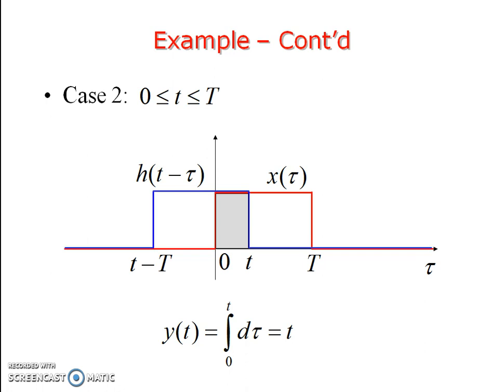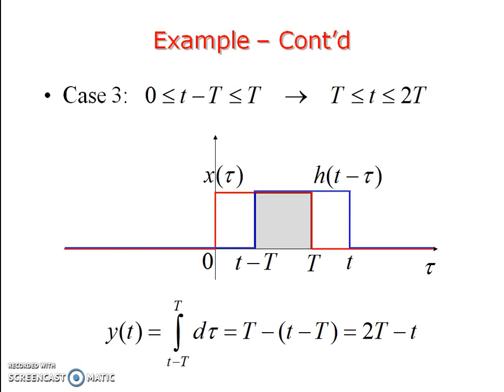So we can consider y of t as the integration from 0 to t of d tau, which equals t. Now case number 3, where t minus capital T is in between 0 and capital T. That means small t is in between capital T and 2T, where the existence period of both signals, if you multiply both signals, is t minus capital T to capital T, where you can take the integration y of t equals t minus capital T to t of d tau, which equals 2T minus t.